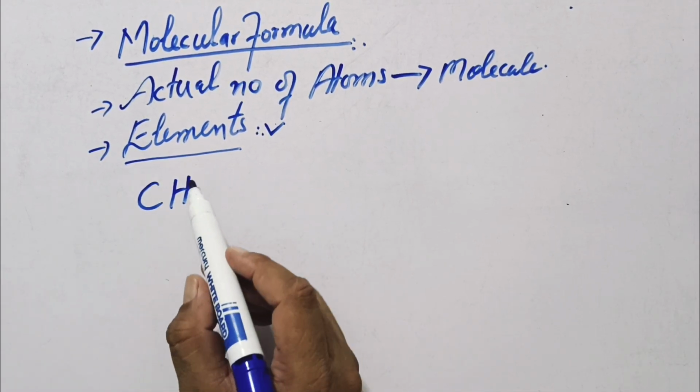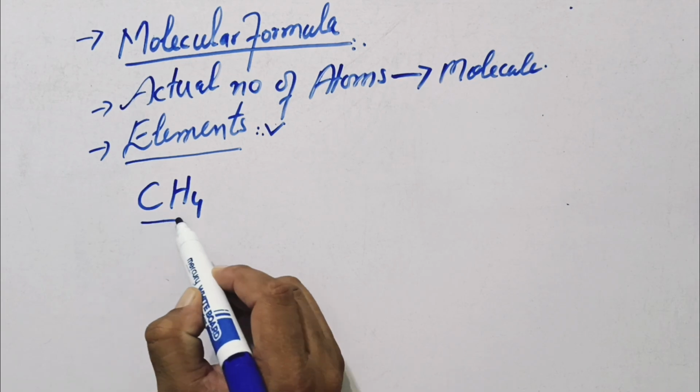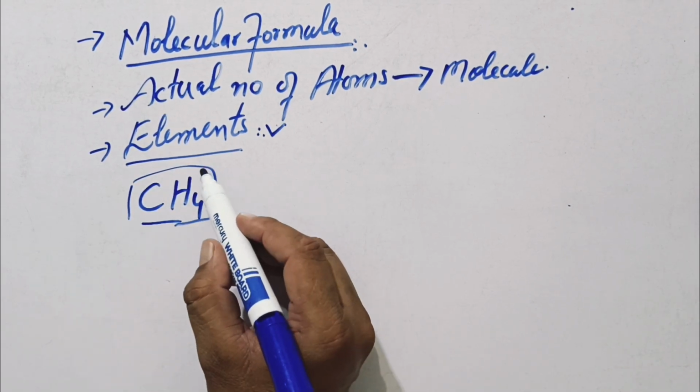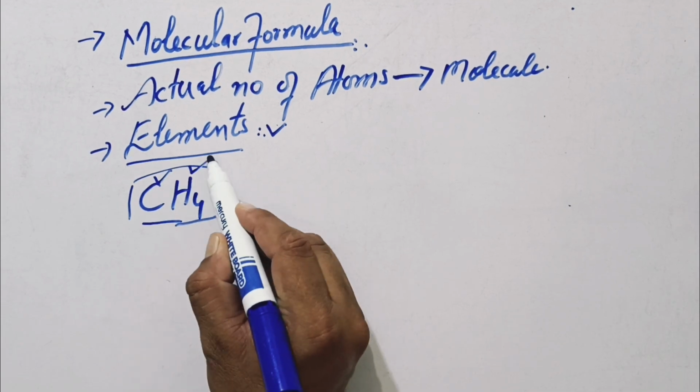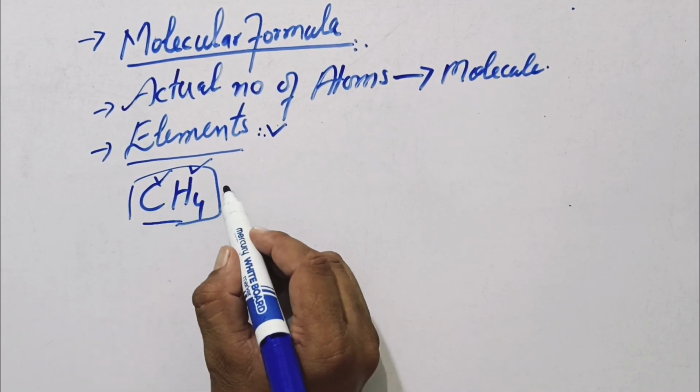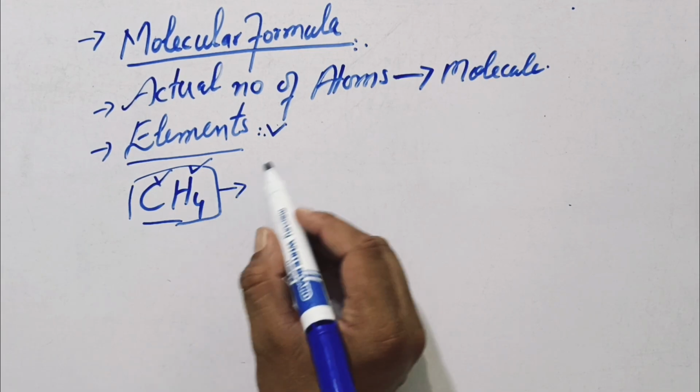And here we can see that this molecular formula tells us what kind of elements are there and how many atoms of these elements there are.